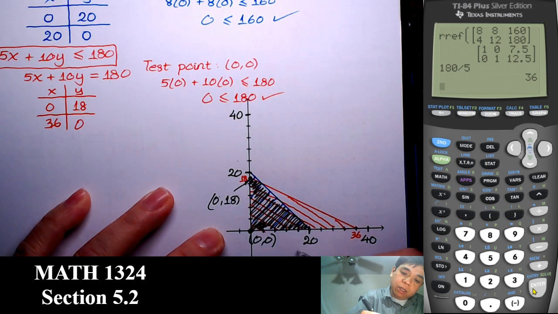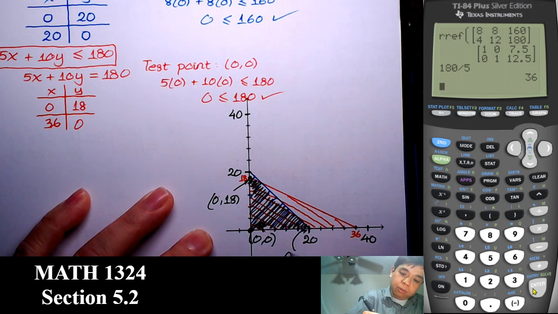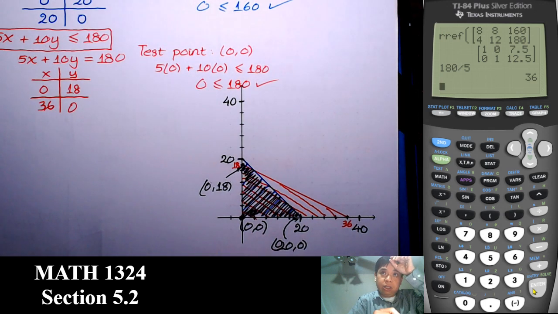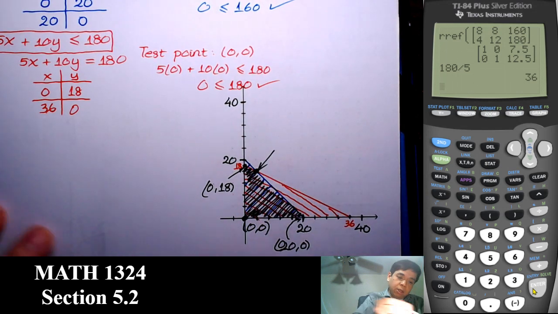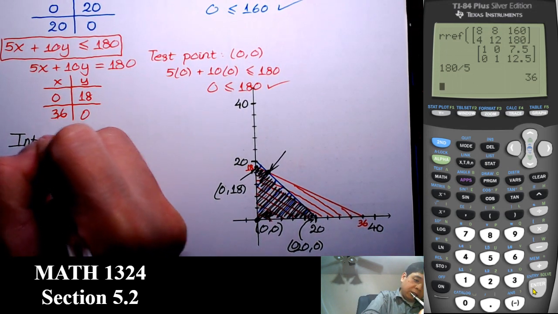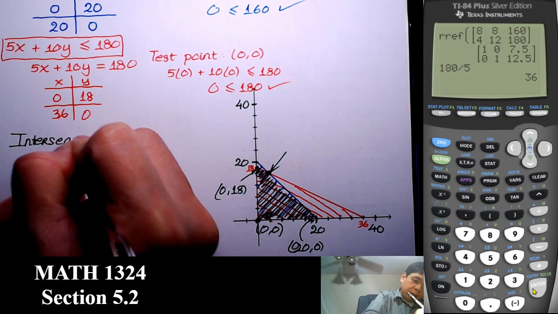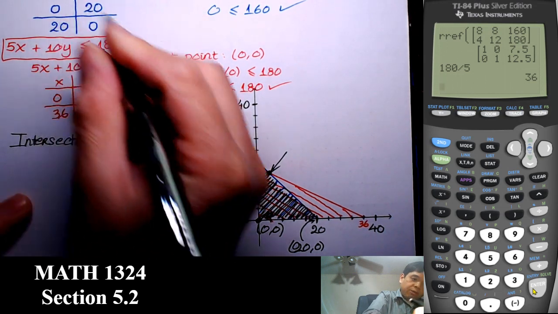That's 0 and 20. And 20 and 0, x equals 20, y equals 0. Now we just need the intersection of these two equations.